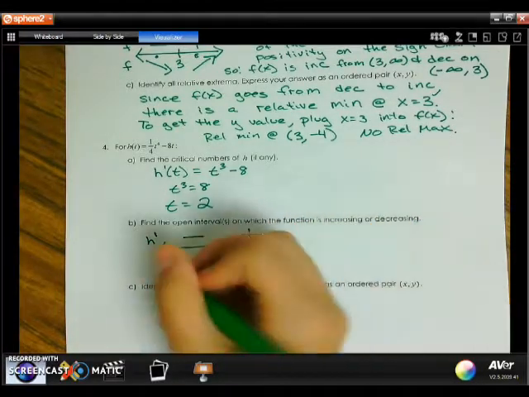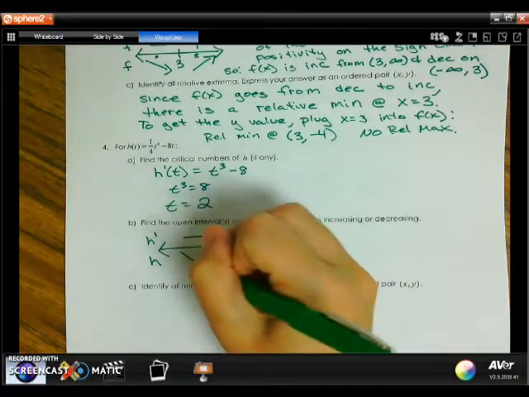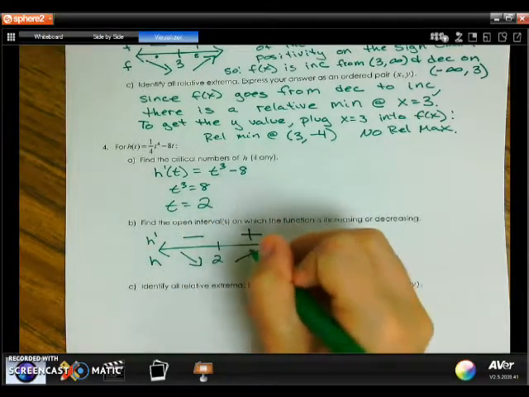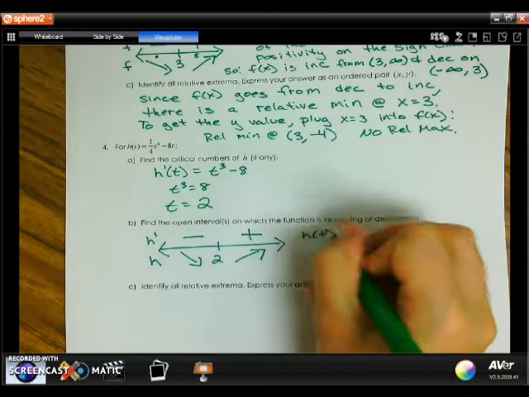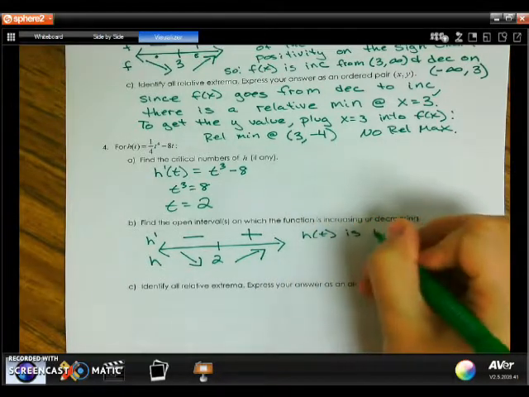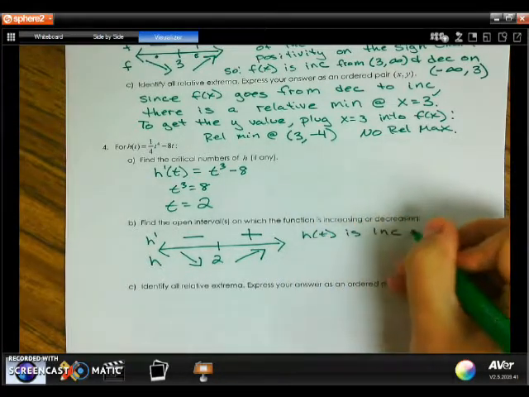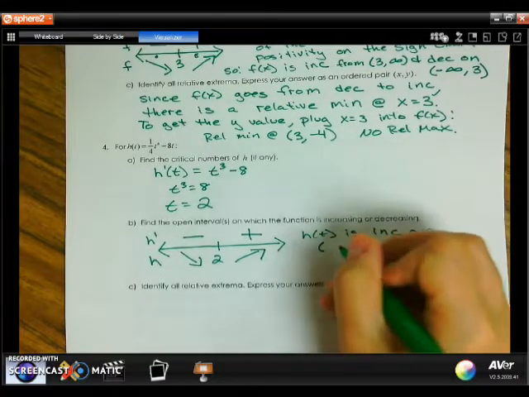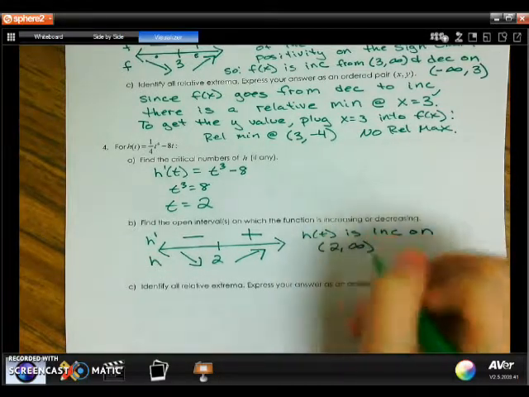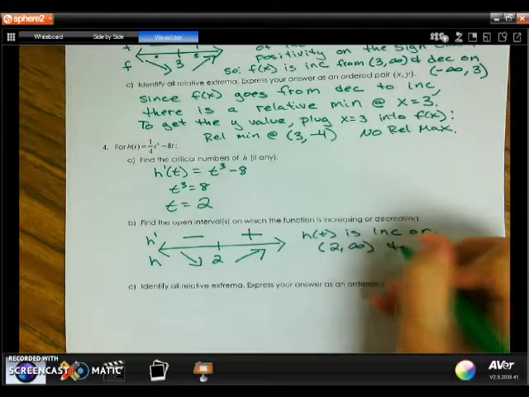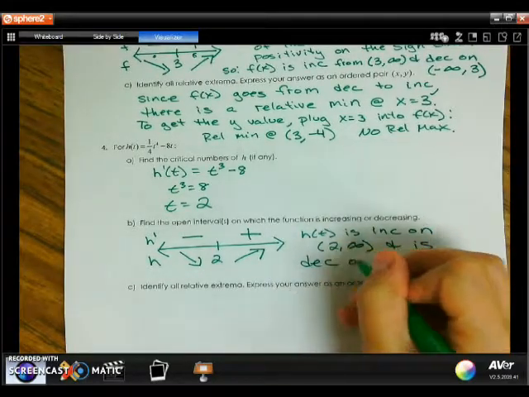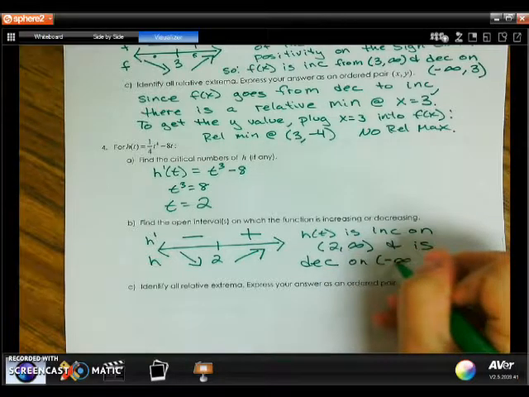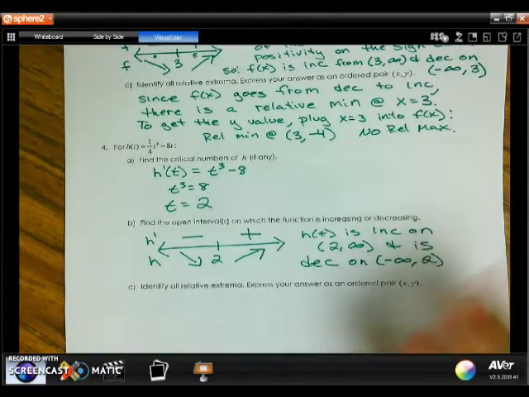What does that tell me about the original h? It tells me that it was decreasing until it hit 2, and then it started increasing. So I can say that h of t is increasing on the interval 2 to infinity, and is decreasing on the interval negative infinity to 2.